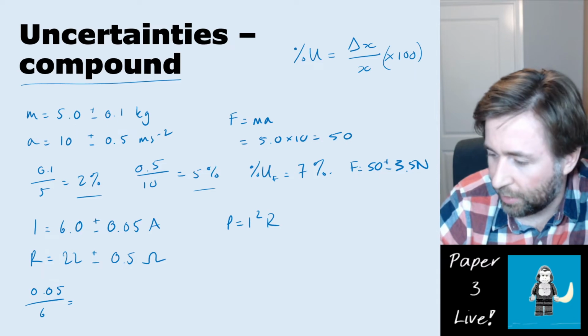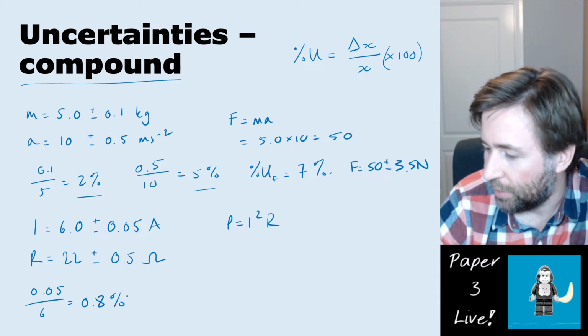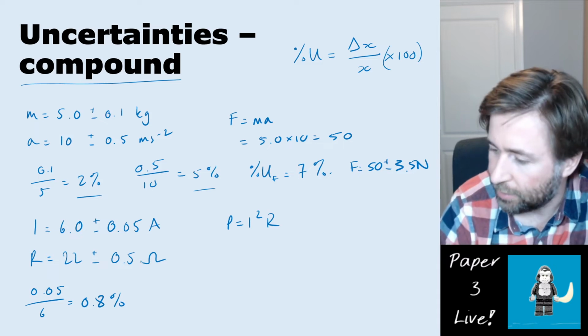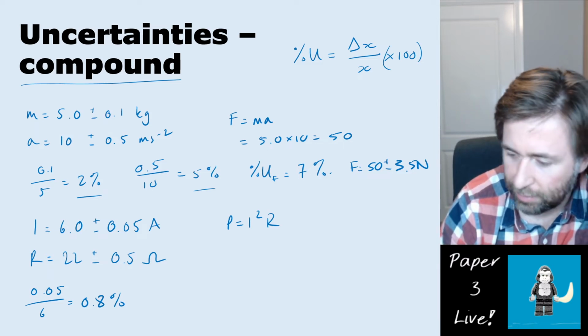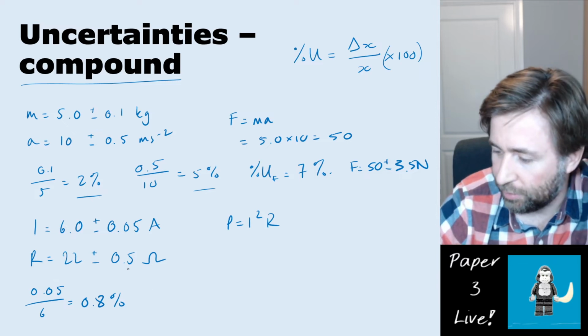Gives you, well, 0.8%. And somebody be doing these as well to check that I'm getting these right, because you can easily make mistakes. And this one would be like 2.2%.